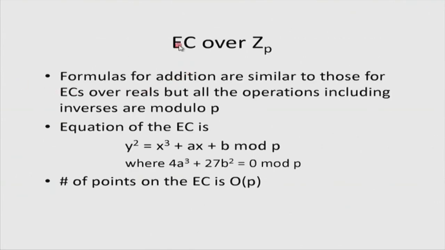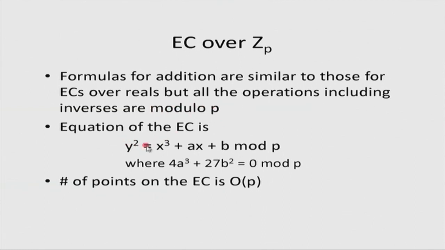So very quickly, elliptic curve over the first finite field, which is the prime field. The formulas for addition are similar to those for ECs over reals, exactly what we have seen before, the same arithmetic, but all the operations, including inverses, are modulo p operations.